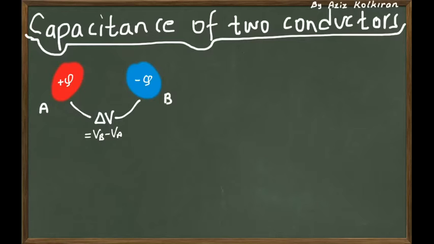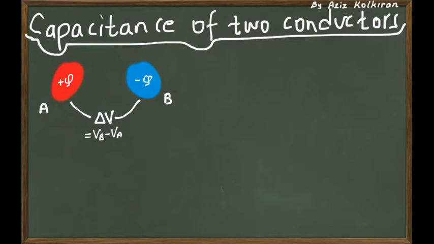They must have the same strength of charge, and their sign must be opposite. This is always a must. And if you keep these two metals having a potential difference, of course they have different charges, so they must have different potential.